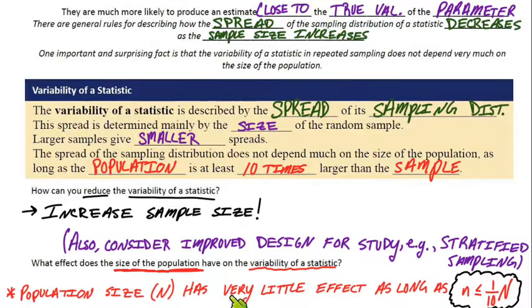All of our statistics will still be good as long as our sample size is less than or equal to 1/10 of the population size. And that's really saying the same exact thing as the population is at least 10 times larger than the sample.